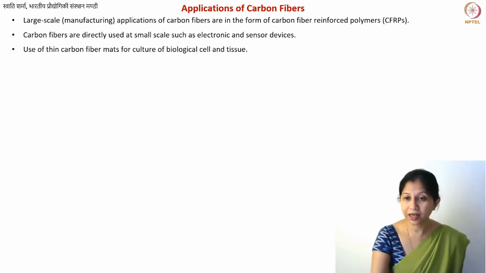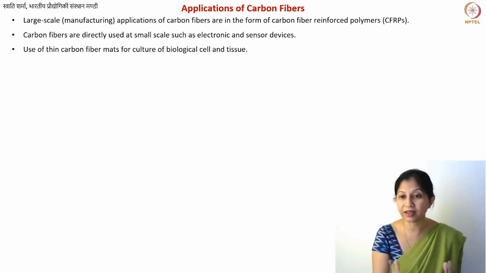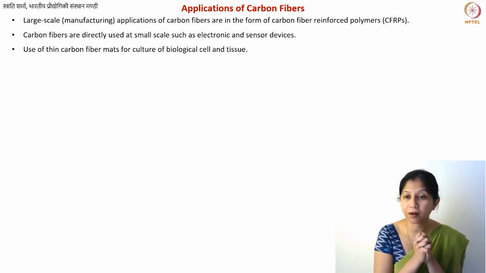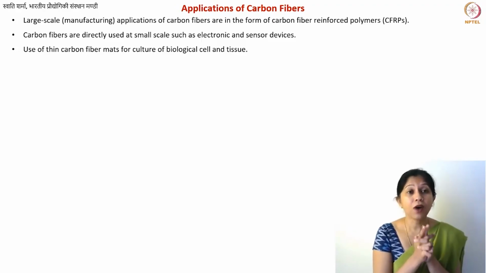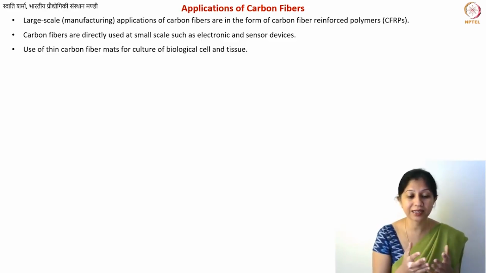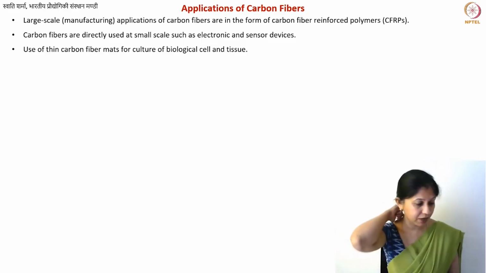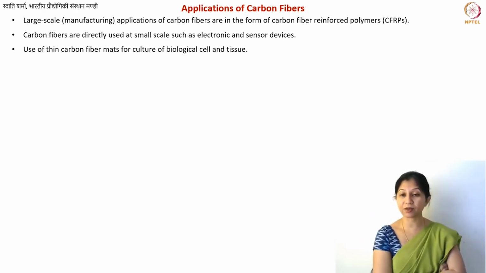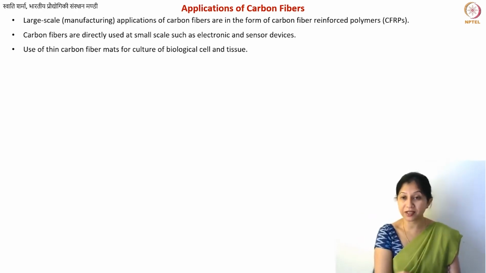I have not given any specific example, but there are publications that you can search for. You have these ultra thin carbon fiber mats that can be used as cell culture substrate. In case you don't know, cell culture basically means you're artificially growing cells of different types, cells and tissues.